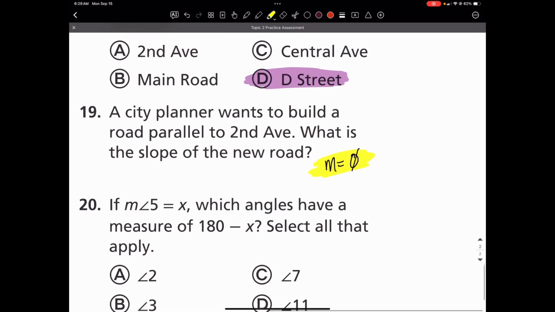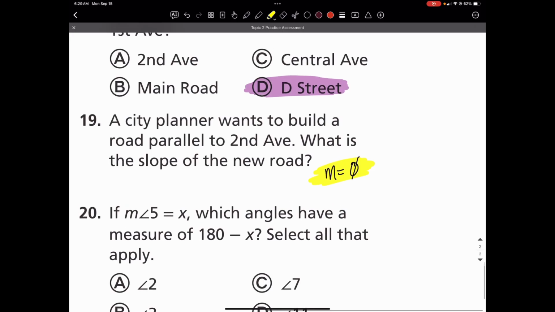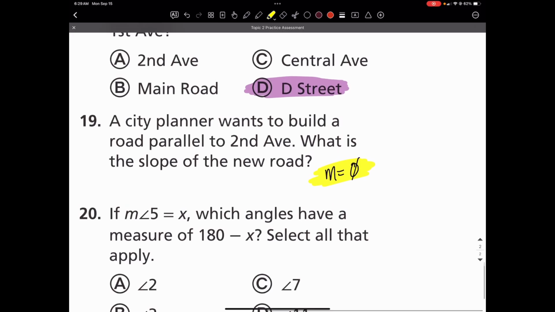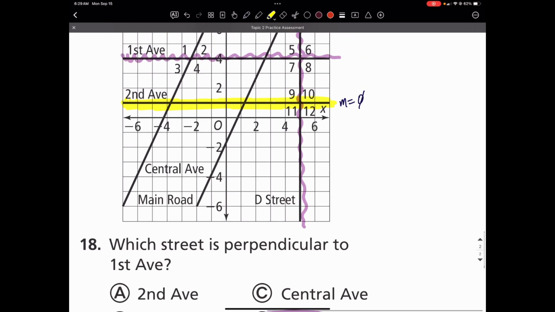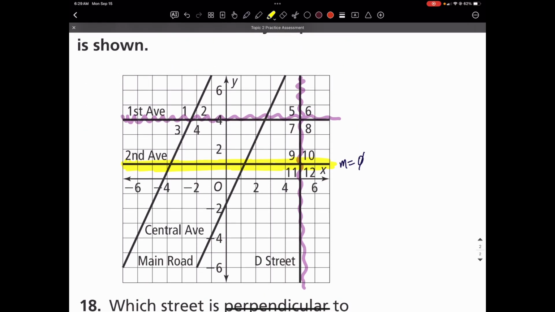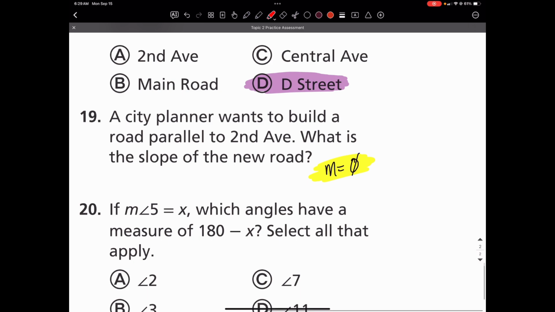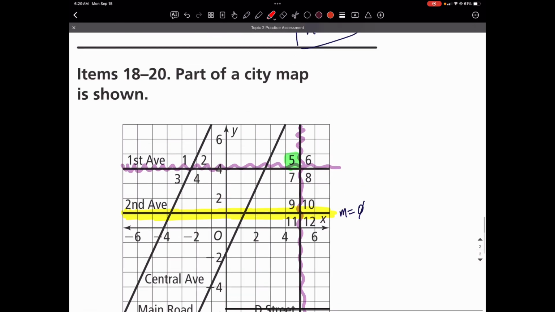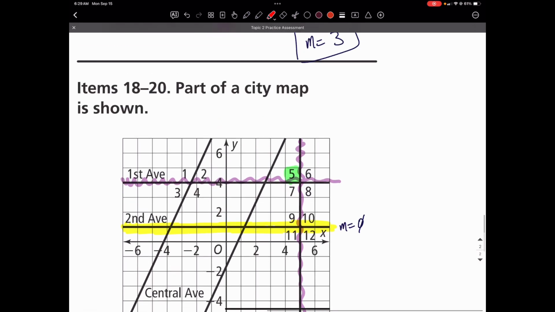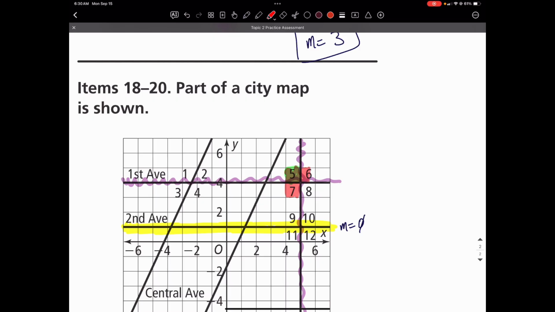And last, if the measure of angle 5 is equal to x, which angles have a measure of 180 minus x? All right. Let's look here. Angle 5 is x. 180 minus x, right? So which of the angles have a measure of 180 minus x would be any angle that forms a straight line with angle 5. So you would have 7 and 5, 6 and 5.